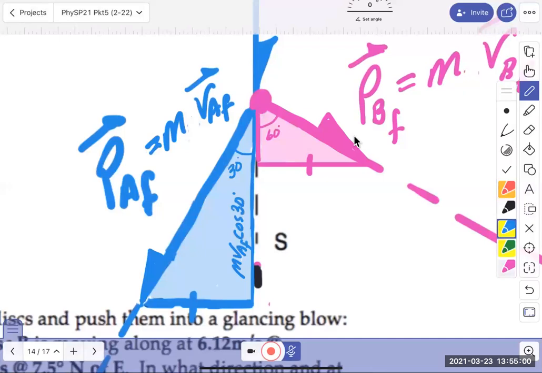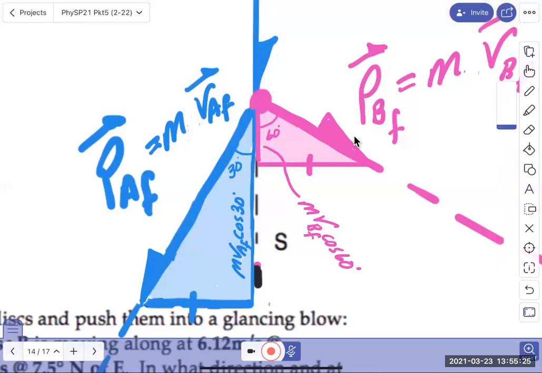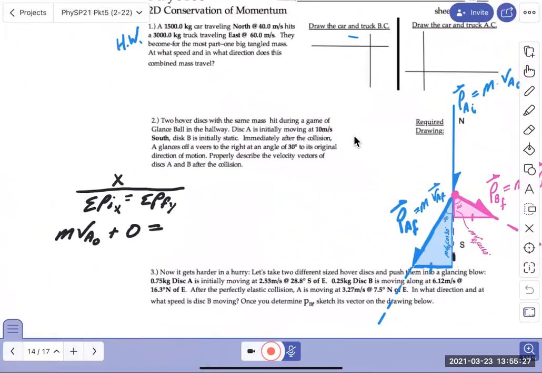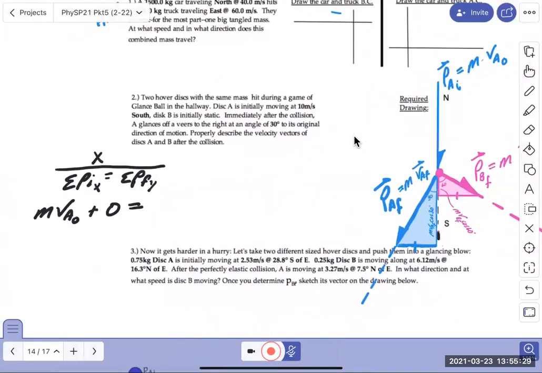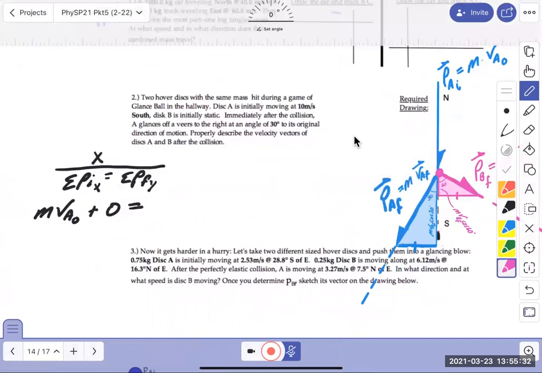And this will be the purple. The m's are the same. v b final cosine 60 degrees. So those two have to add up. Starting to get nasty. This ain't the bad one. Number 3 is the bad one.